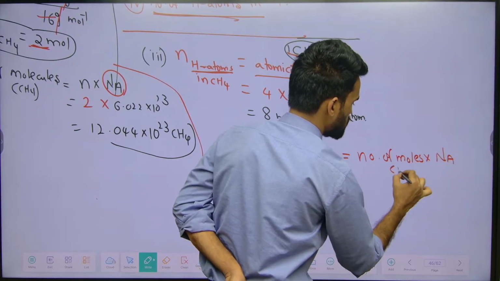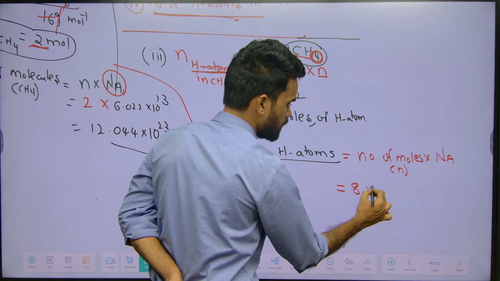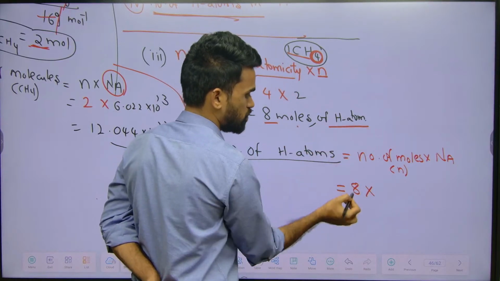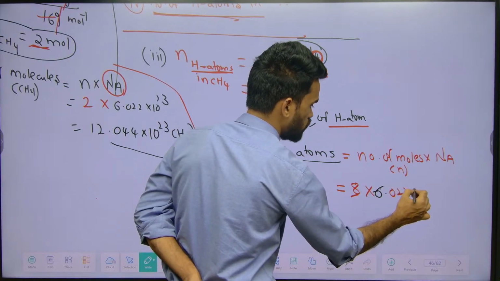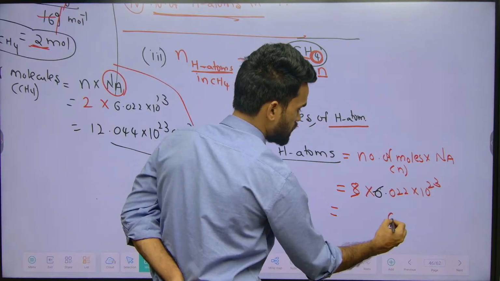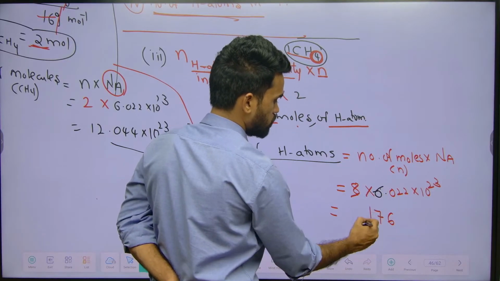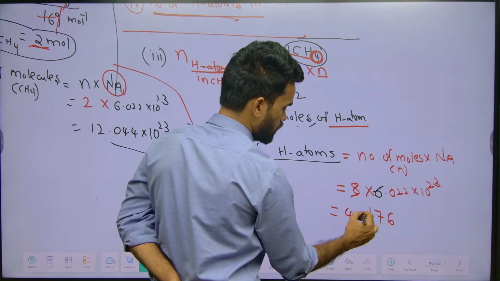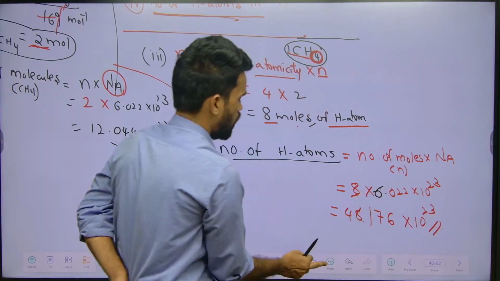How many moles did we get here? 8 moles of hydrogen atoms. So 8 into Avogadro number, 6.022 into 10 power 23. You can simplify this, and it comes to about 48.176 into 10 power 23. That's it. This is your final answer for all 4 questions.